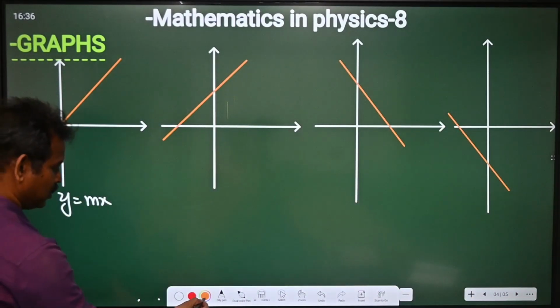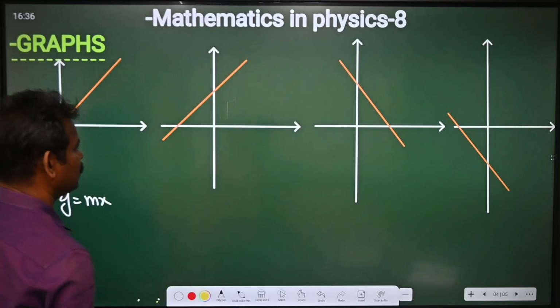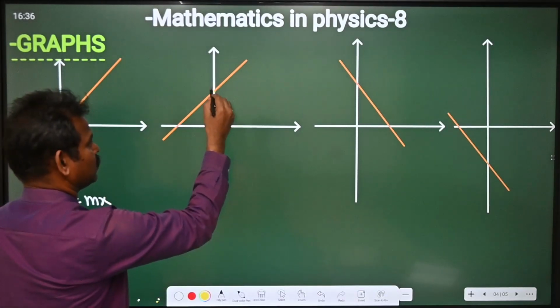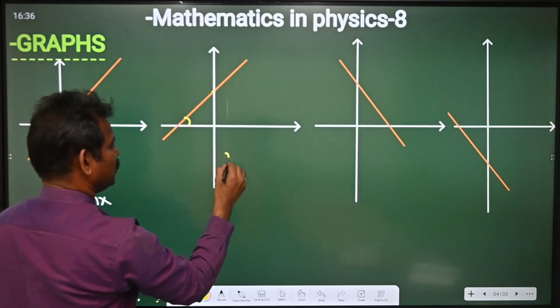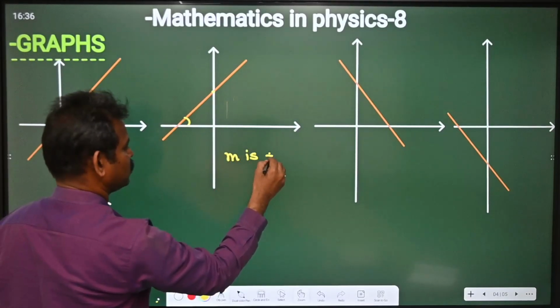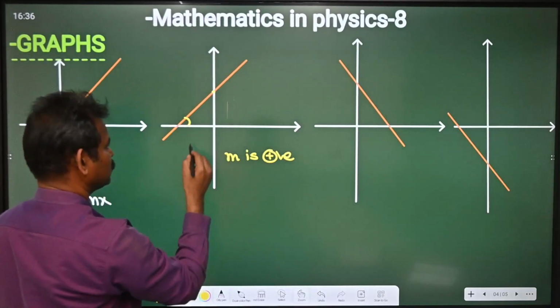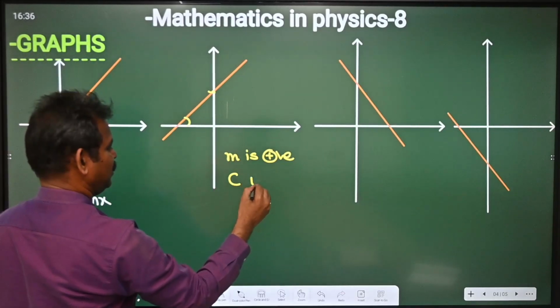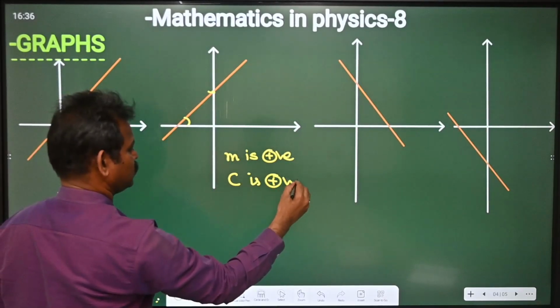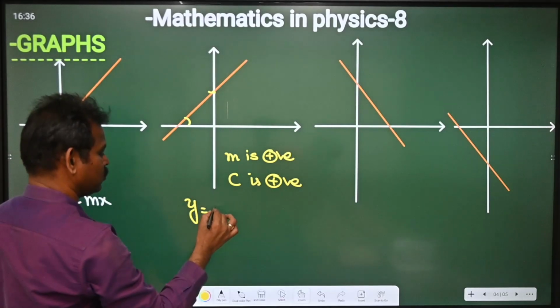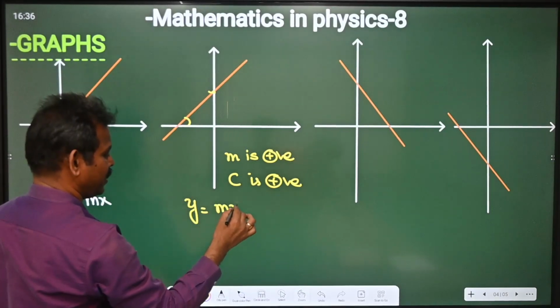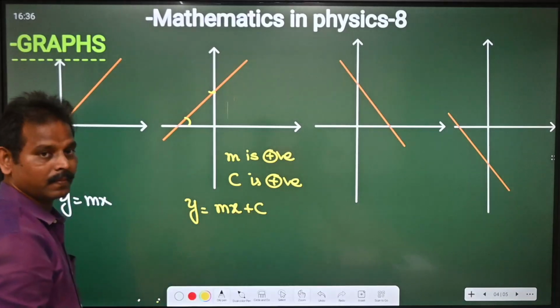And in these graphs, we can observe that here m is positive and c is also positive. The corresponding equation for this one is y is equal to plus mx plus c.